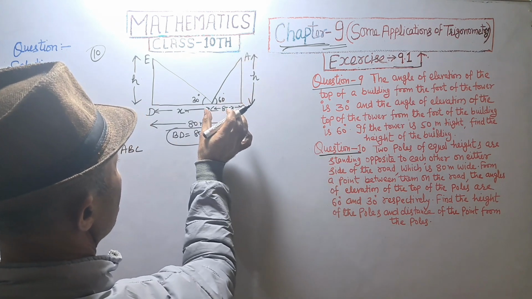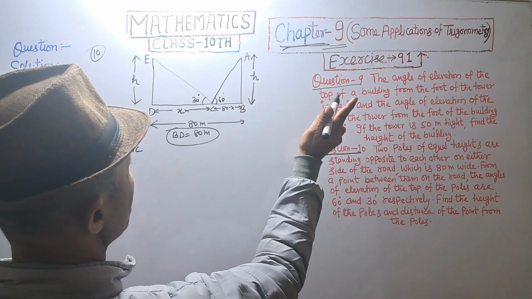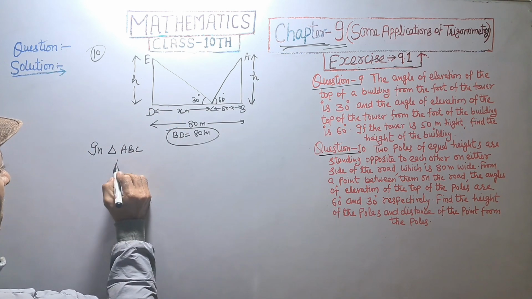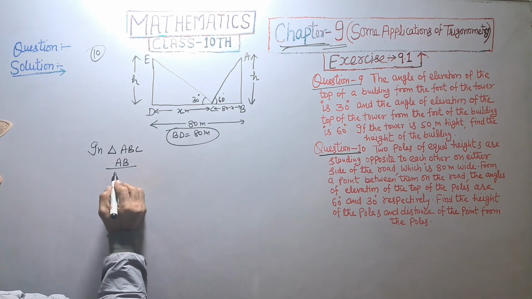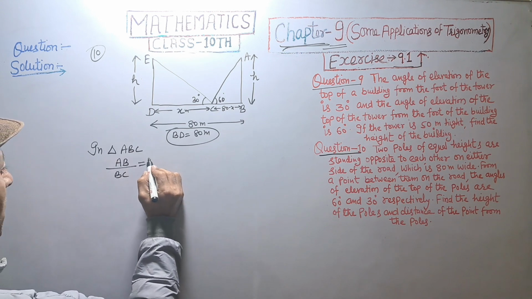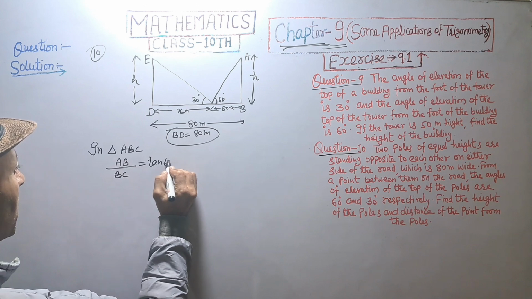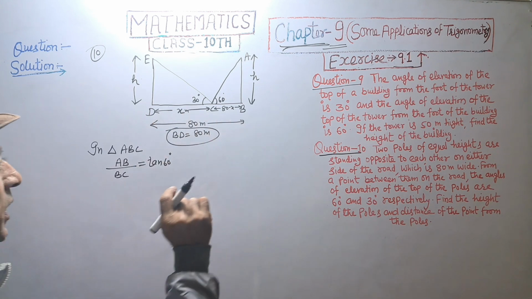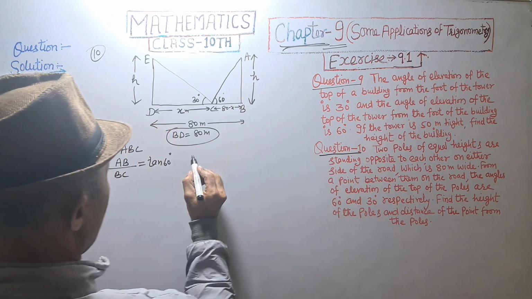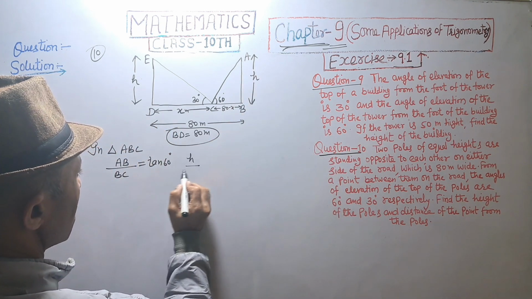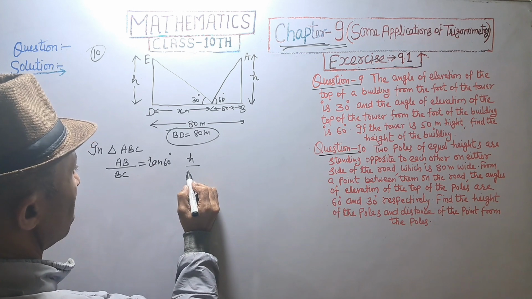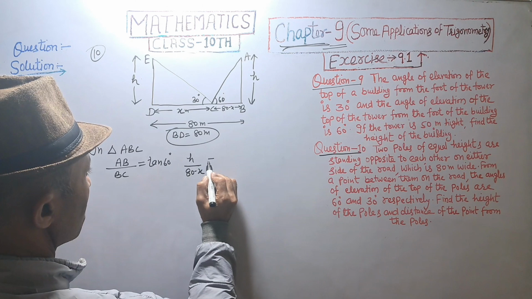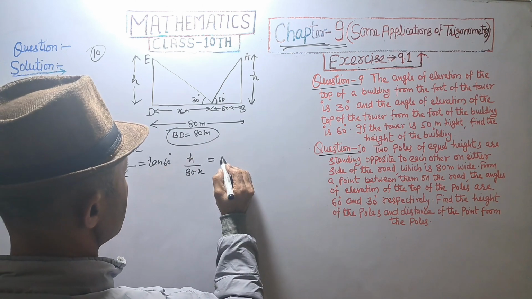AB upon BC is equal to tan 60 degree, and tangent 60 degree is equal to √3, and AB is height H upon BC is equal to 80 minus X, is equal to tangent 60 is √3.